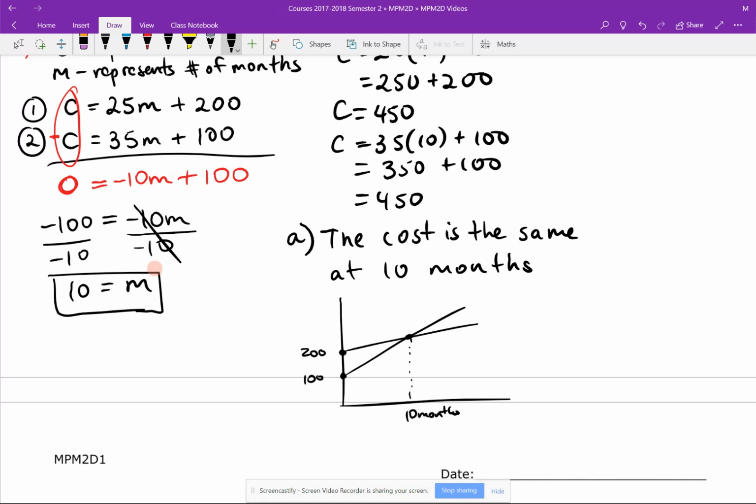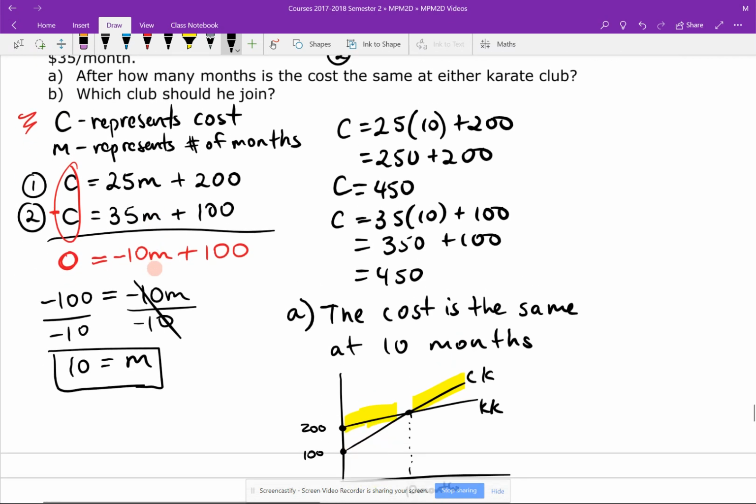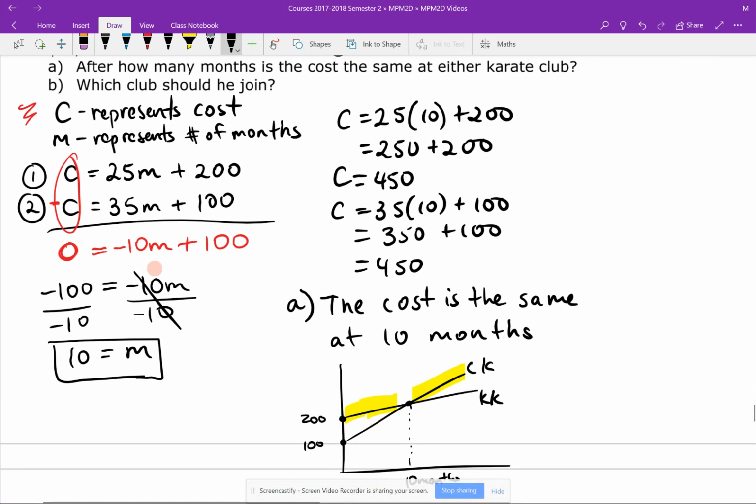This is Karate Club, and this one here is Cool Karate. You can see Cool Karate is more expensive if you're above 10 months, but Karate Club is more expensive if your membership is less than 10 months. So the better deal, if you're going to be doing a long-term membership, would be to join... Did I mix up the names here? Karate Club is number one.